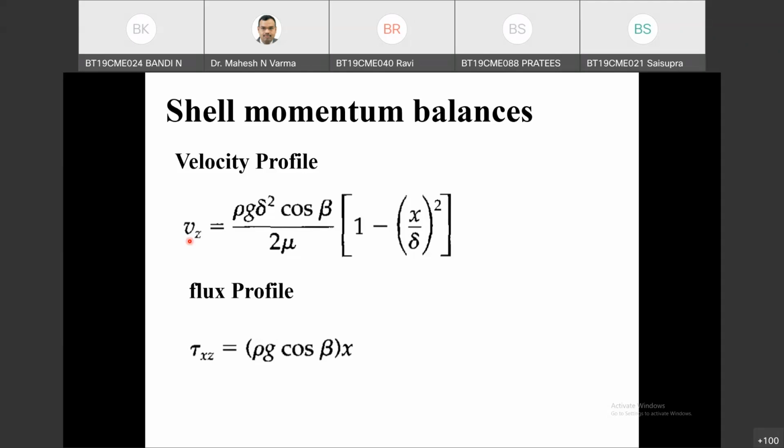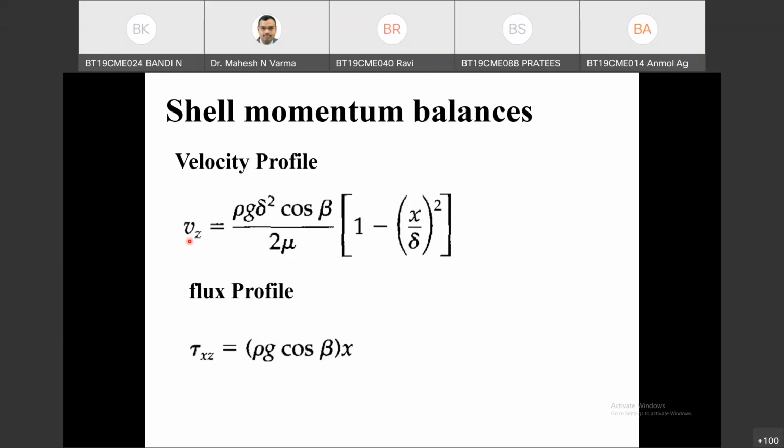Sir, we use the no flux condition to calculate tau xz. So we use the no flux condition and no slip boundary condition at the solid liquid interface.